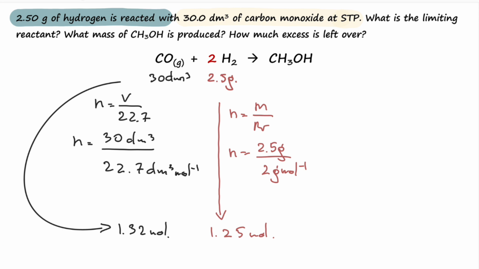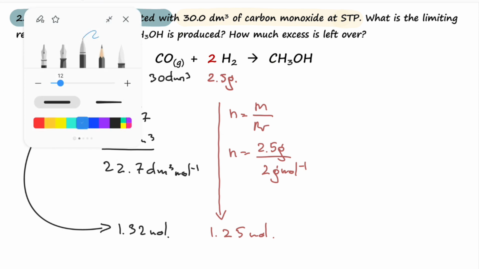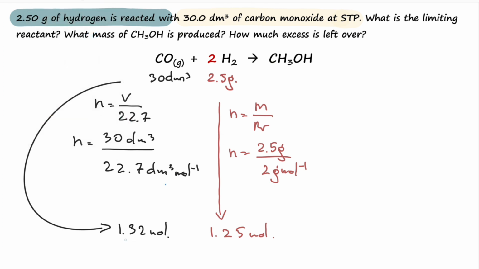The point here is to find the limiting reactant. How will you do it? You can just divide the first one by 1, so you will get the same number, because the coefficient here is 1. And the second one, you will divide 1.25 by 2, and you will get 0.625 mole.